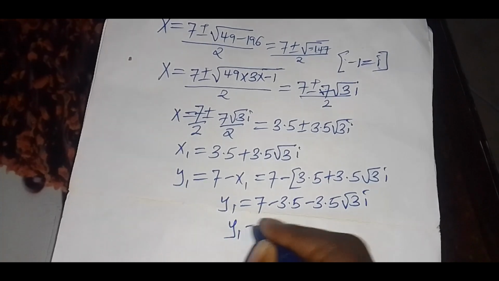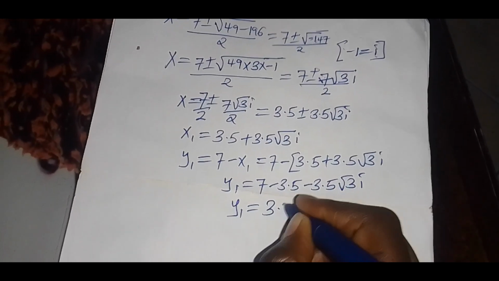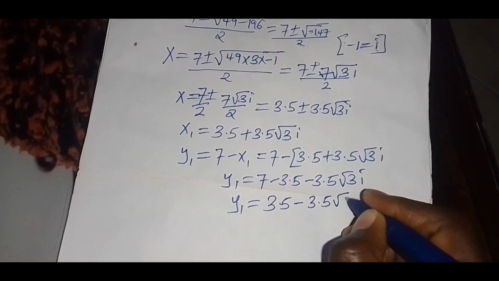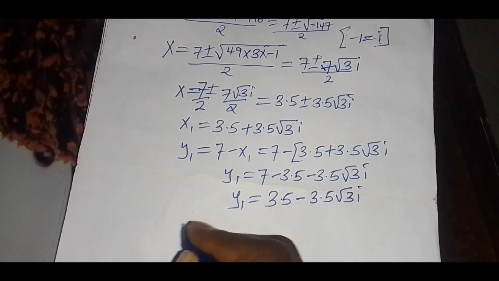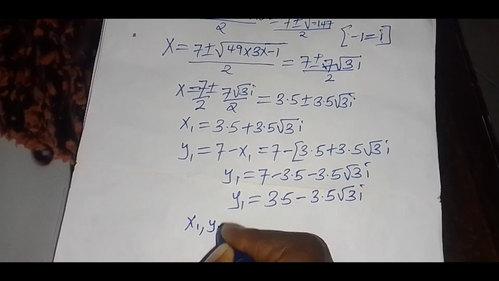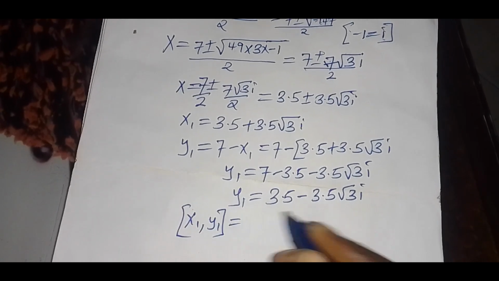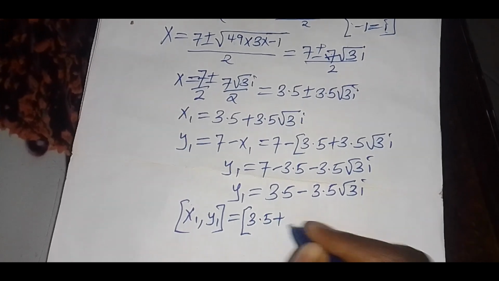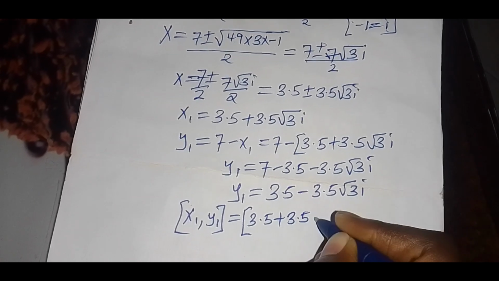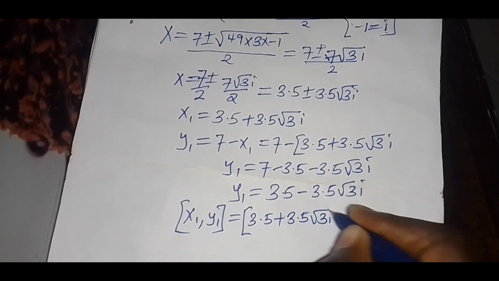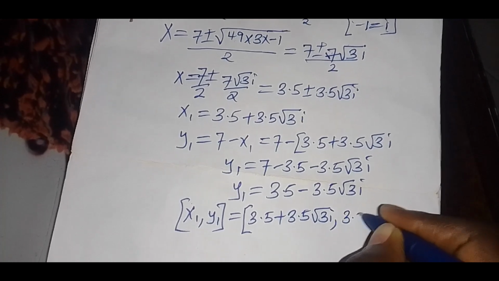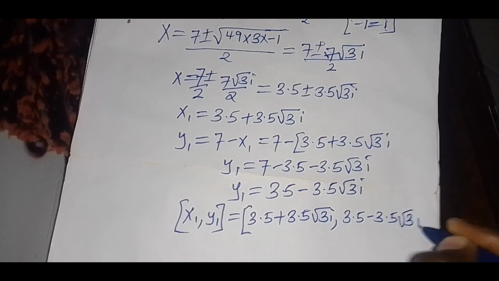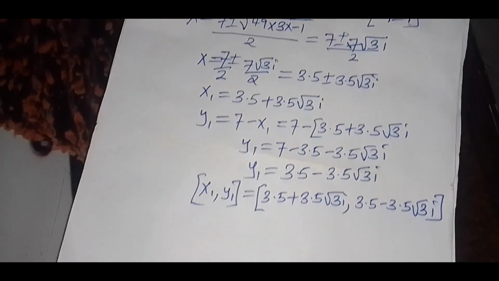So y1 will be equal to 3.5 minus 3.5 square root of 3i. So x1, y1 is given as 3.5 plus 3.5 square root of 3i, and 3.5 minus 3.5 square root of 3i. That is x1 and y1.